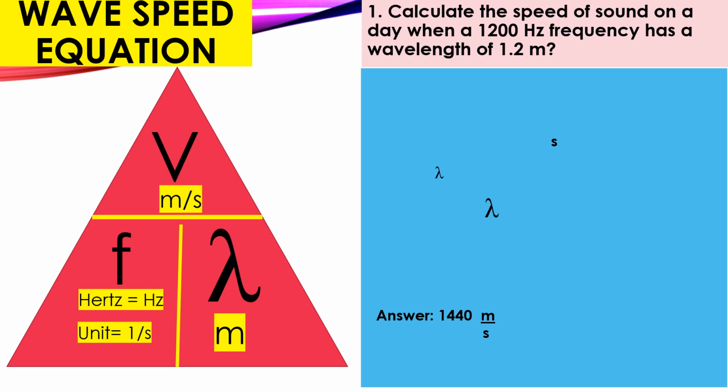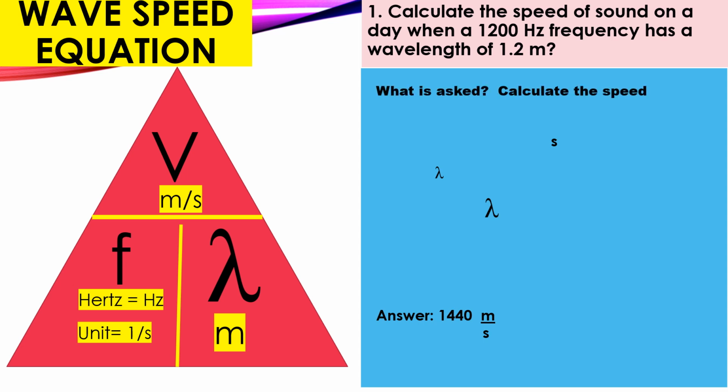When we say hertz, it is 1 vibration per second. Hertz can be confused with time, but to make it simpler, the unit of frequency is hertz, wherein one hertz is equivalent to 1 vibration per second.